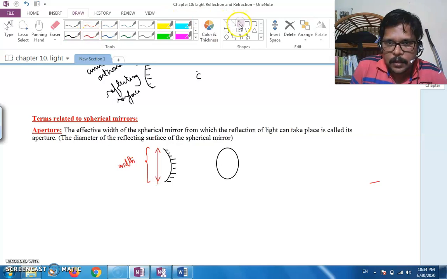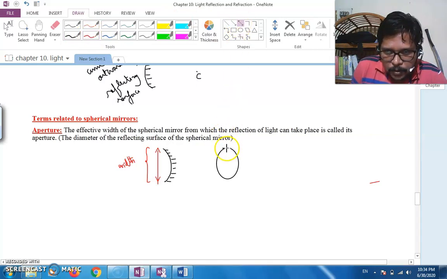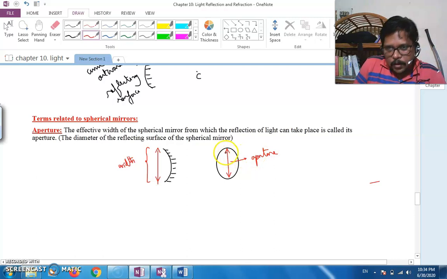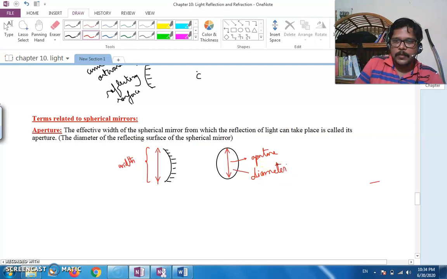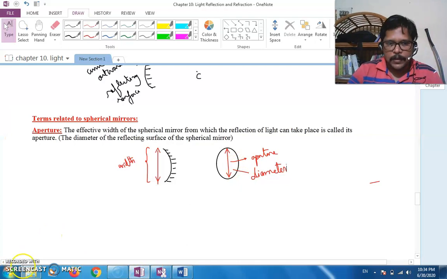For this circular reflecting surface, this width is called the aperture. So the effective width of the reflecting surface, or sometimes it can also be considered as the diameter. The diameter of the reflecting surface can also be considered as the aperture. It's the same, whether you consider the convex mirror or the concave mirror, for both of them it's the diameter of the reflecting surface.